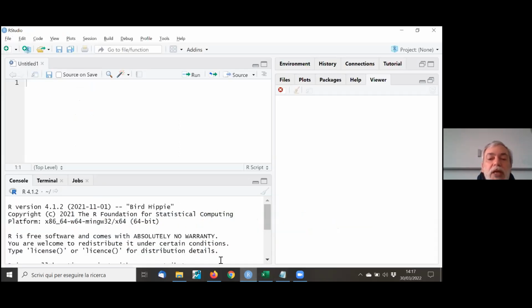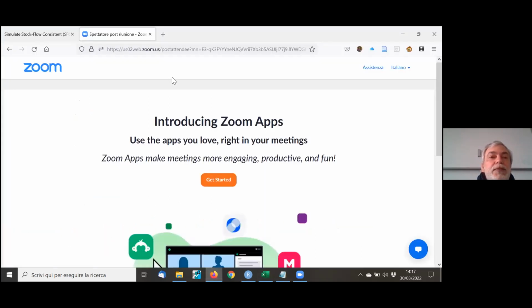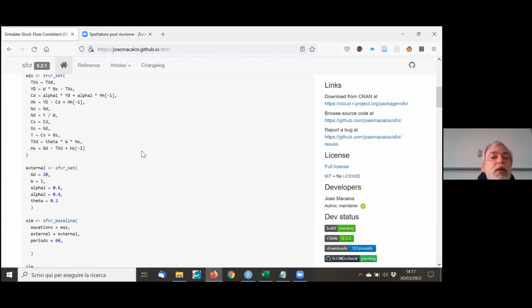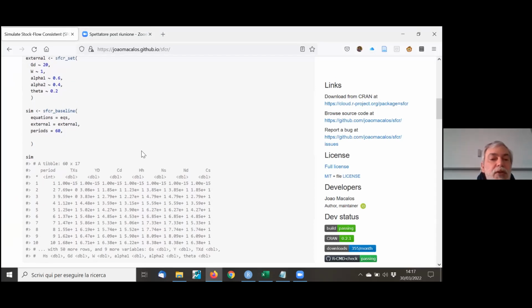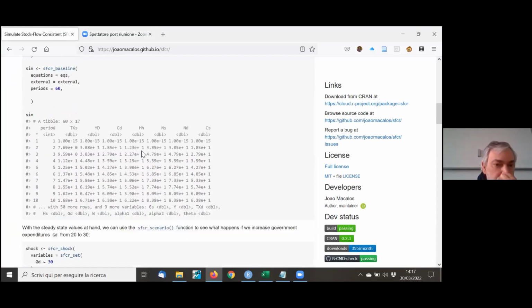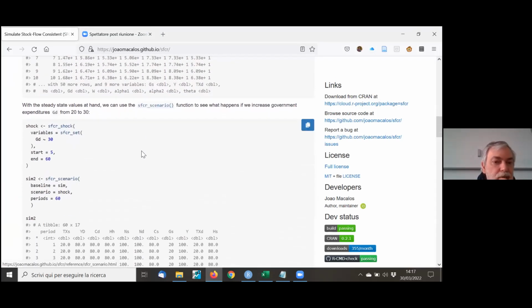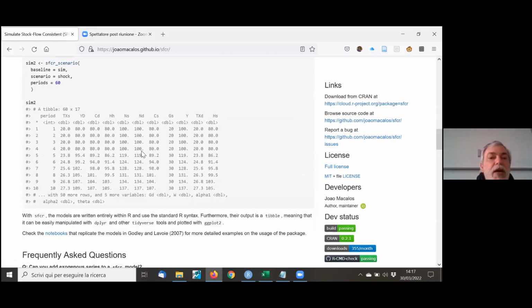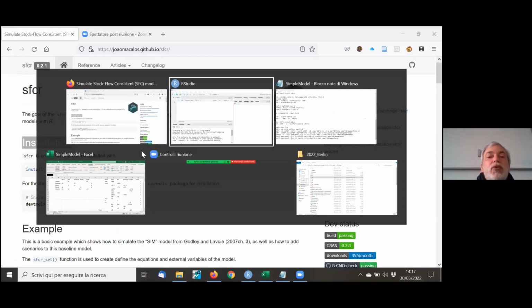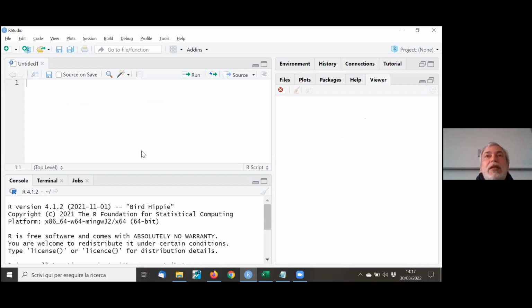I would give a try to this package, because it looks rather simple. But let's first do what you wanted to do. So I'm going to learn something on R.